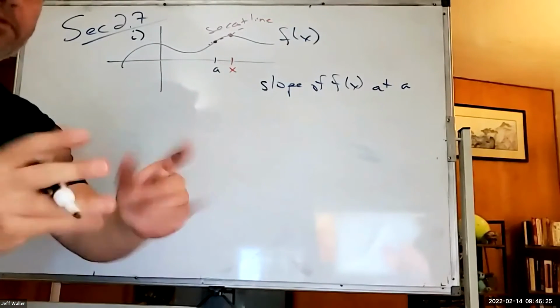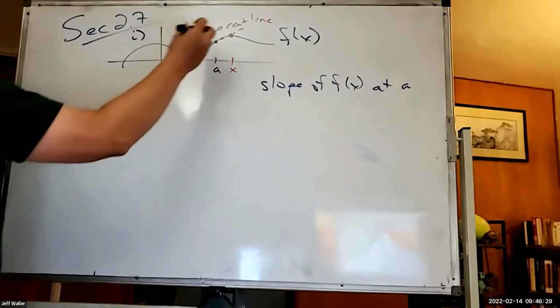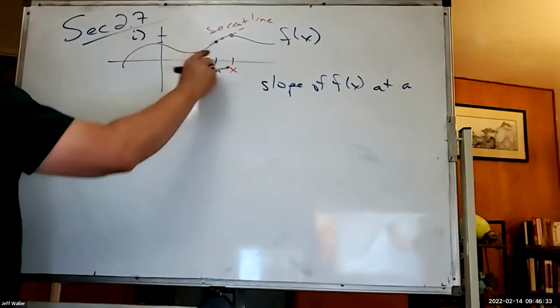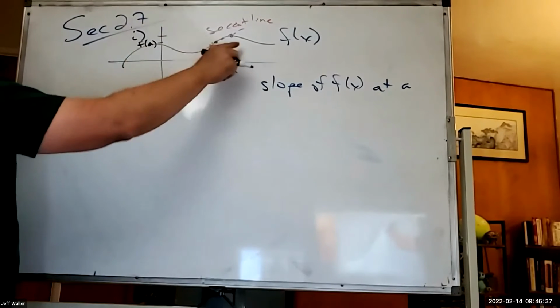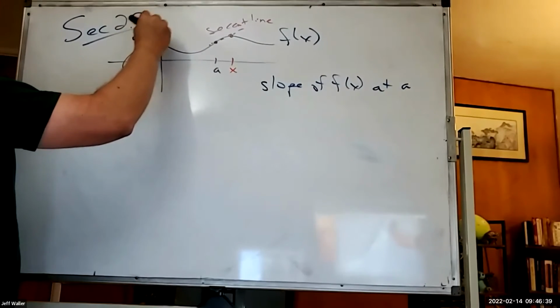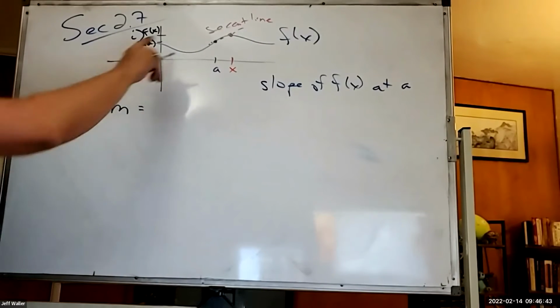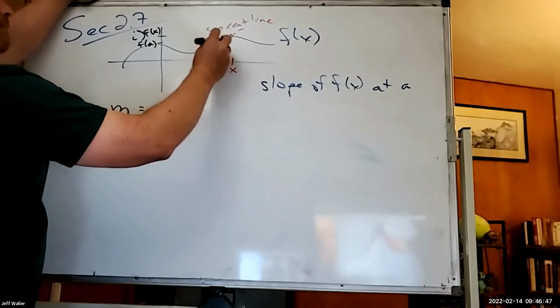Okay. Remember secant line? So what is the slope between these two points? At a, the output is f of a, and at x, the output is f of x. So what are the two points we have?